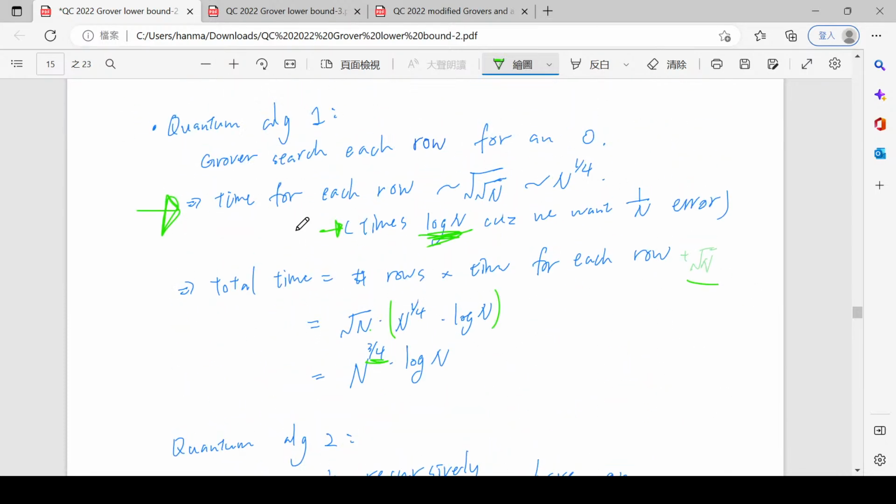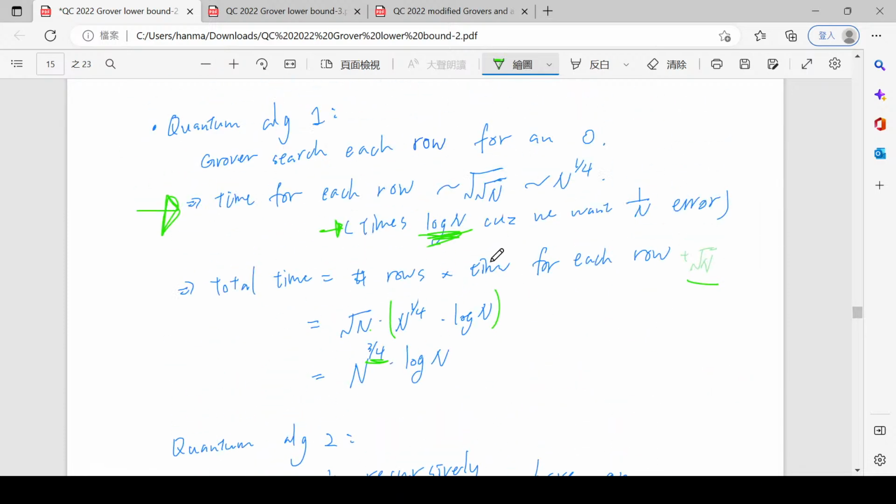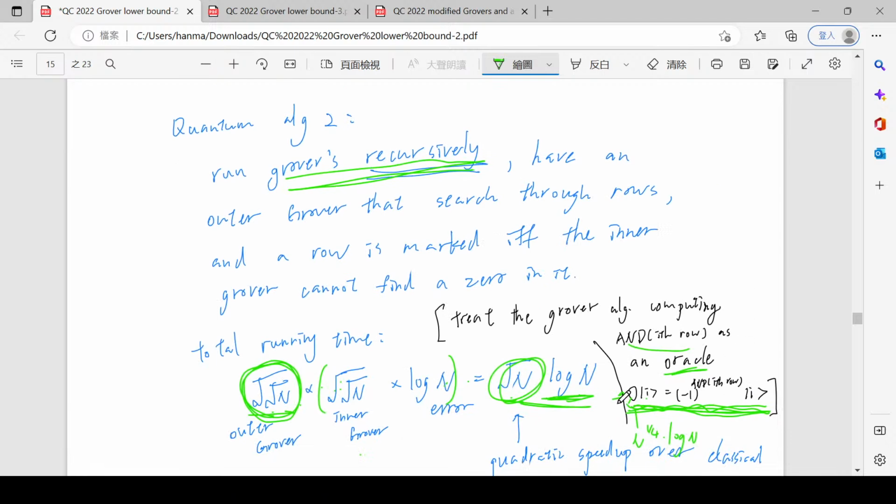So you can turn it into a sub-algorithm or oracle such that you can input the index of a row. You want to query the ith row, and you will spend these n to the 1/4 queries to compute the AND of all items in that row. Then you do phase kickback to make it the phase version. When you apply this oracle, it becomes (-1) to the AND of the result.